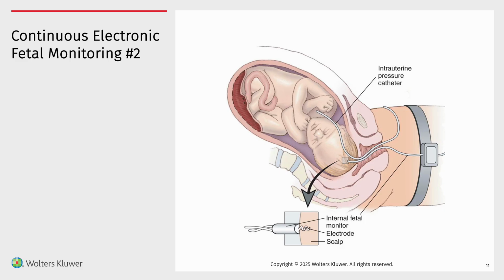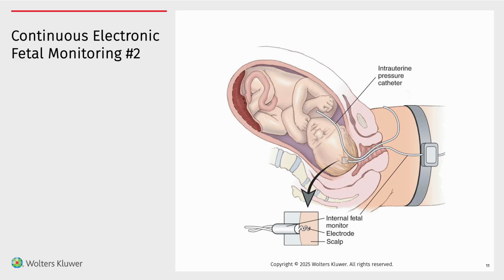The fetal scalp electrode is a small spiral wire that is inserted through the cervix and attached directly to the presenting part of the fetus, usually the scalp. It provides a more accurate and continuous reading of the fetal heart rate compared to external Doppler monitoring, especially when movement or maternal habitus interferes with the external signal.